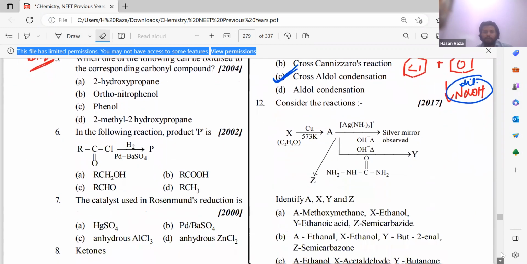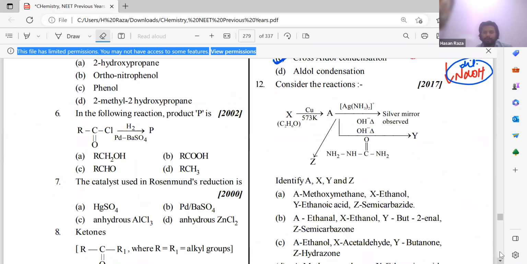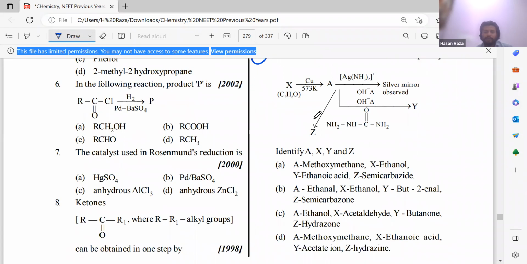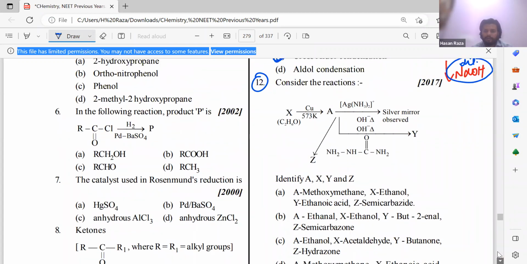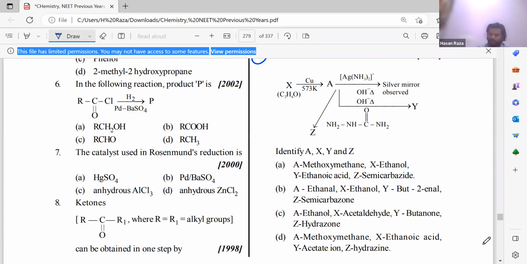Now moving to the next. First of all, read the question and then consider the reaction, and this is the reaction. Identify, silver mirror observed. Please do it.